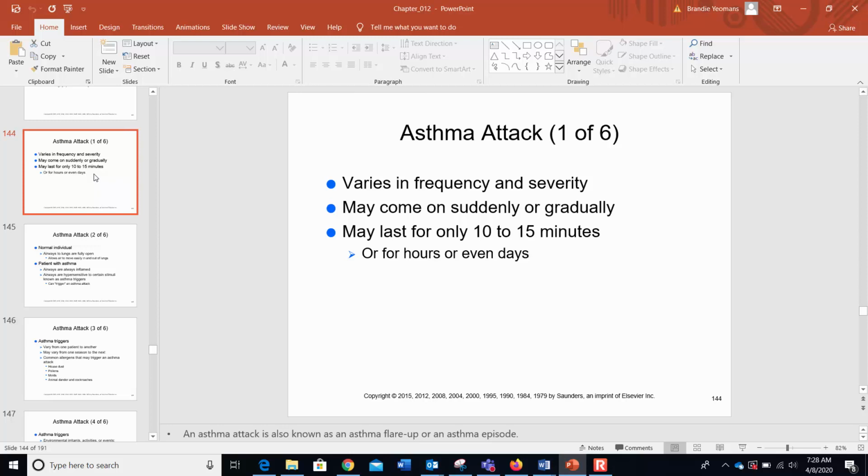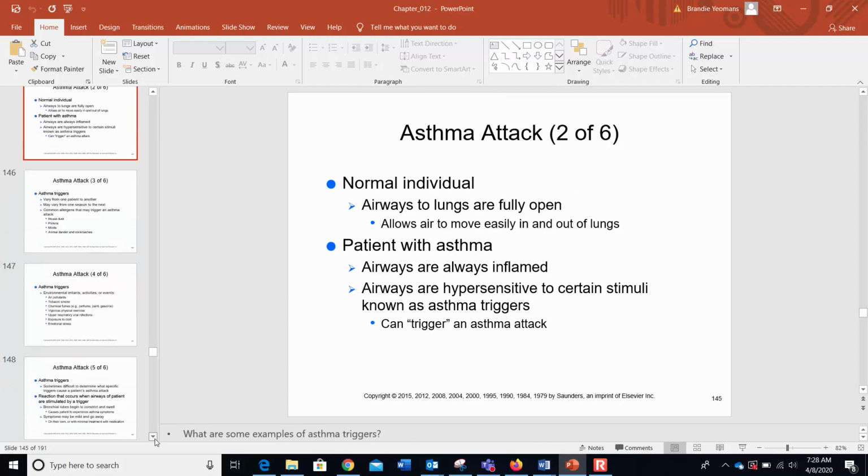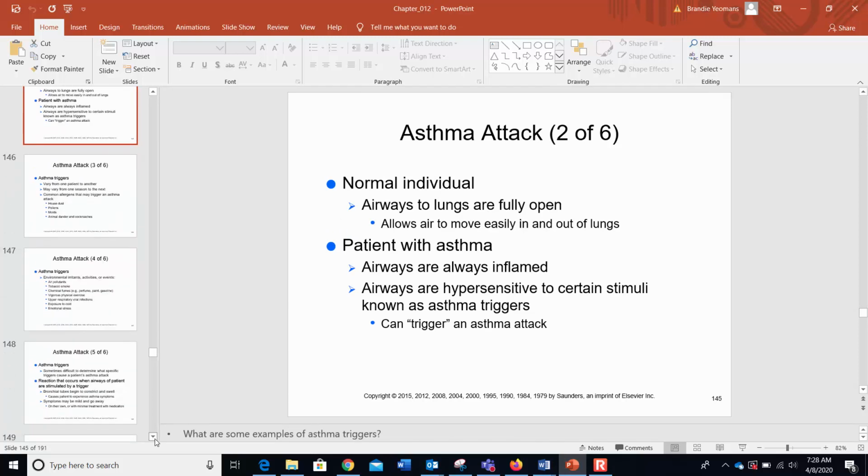And this can happen and last for about 10 to 15 minutes. A lot of times we're really having to focus on the mental status of our patient, to get them to focus on your voice, focus on their breathing, to try to get it back to a normal state after we've given them those asthmatic bronchodilators.